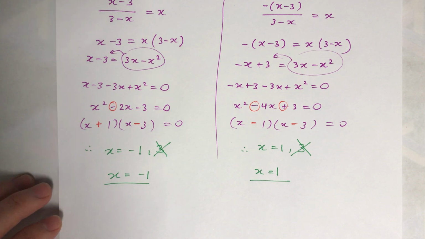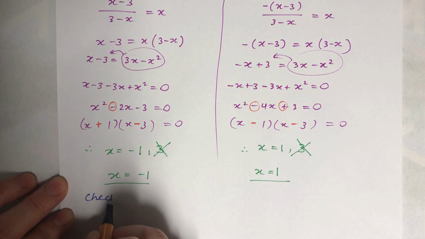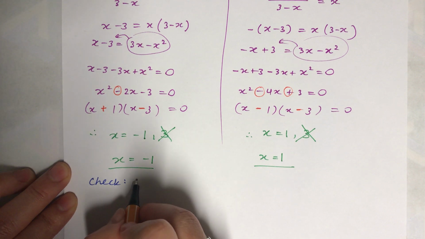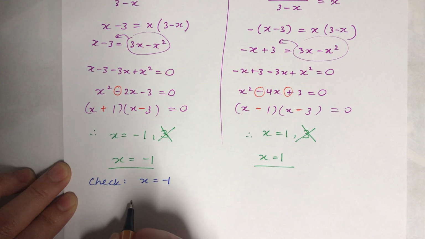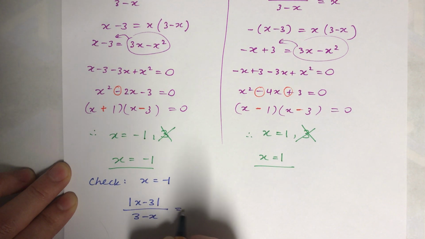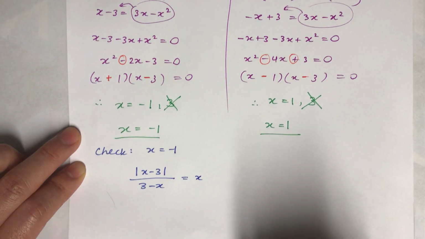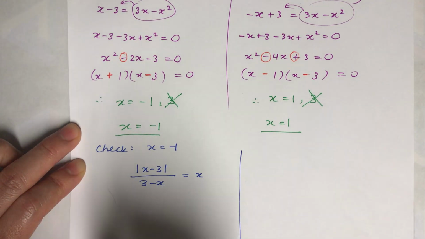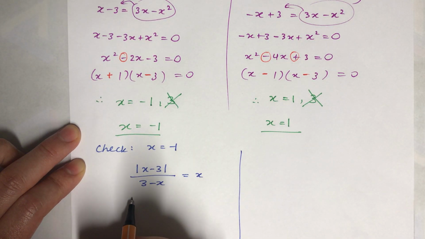I'm going to use blue. So check when x equals minus 1. I'm going to put it into the equation. Now it needs to be left-hand side equals right-hand side. Okay, so I'm going to put minus 1 in there carefully.